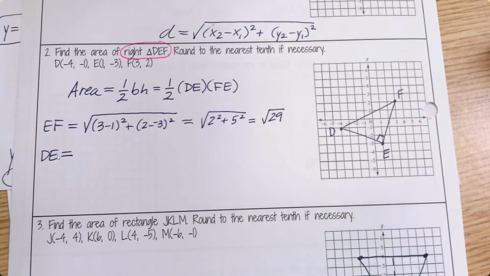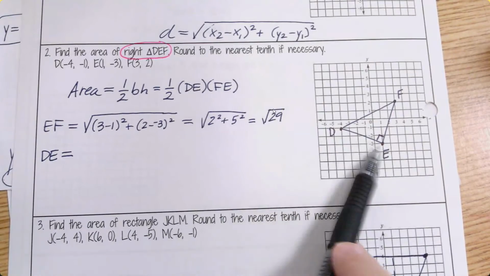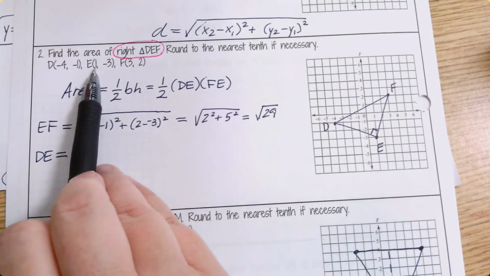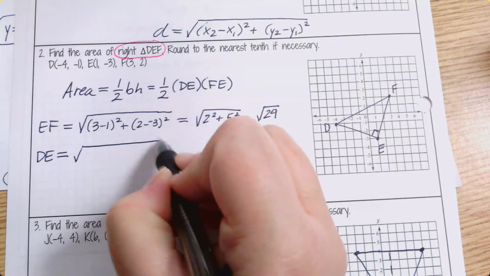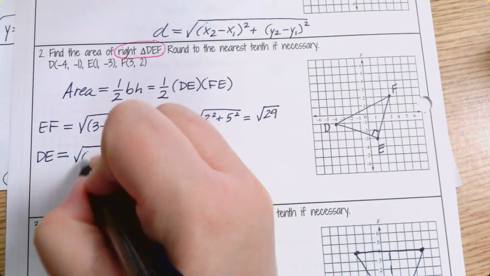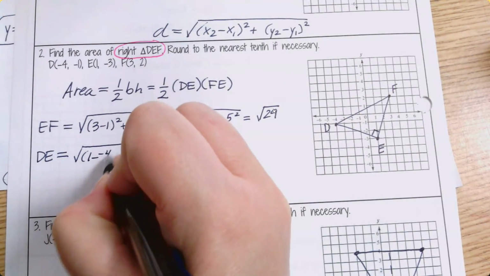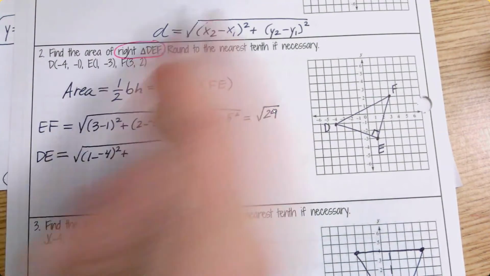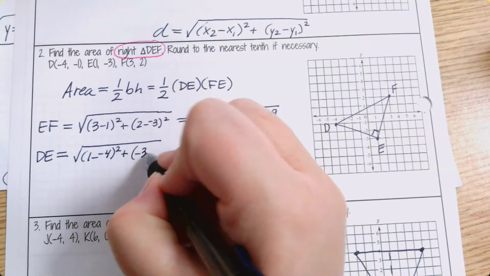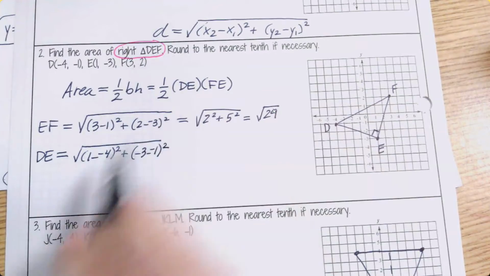All right, and then we've got DE. Here are my coordinates. The difference between the x's, 1 minus -4. And again, you could do that the other way. You could do -4 minus 1. It does not matter. 1 minus -4 squared plus the difference between the y's, -3 minus a -1 squared.